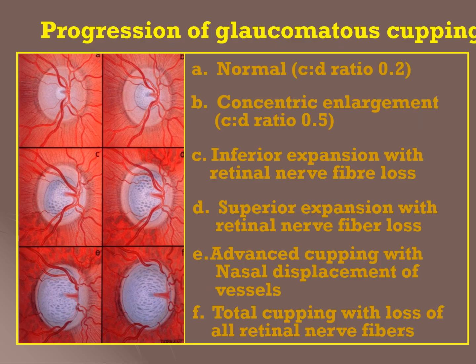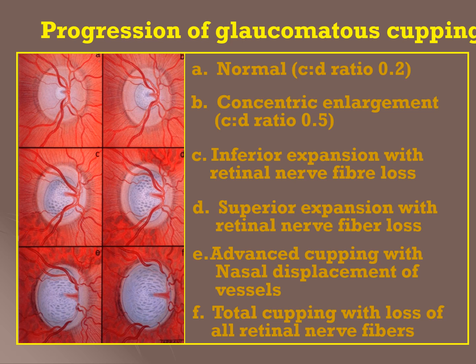In this picture you can appreciate the progression of the glaucomatous cup. A progressive optic cup is more diagnostic than seeing a bigger cup initially. In picture A, the normal cup disc ratio is 0.2, and in B, concentric enlargement and cup disc ratio is about 0.5.